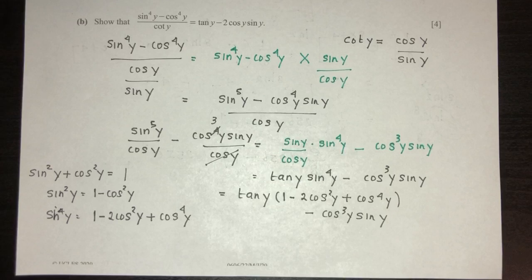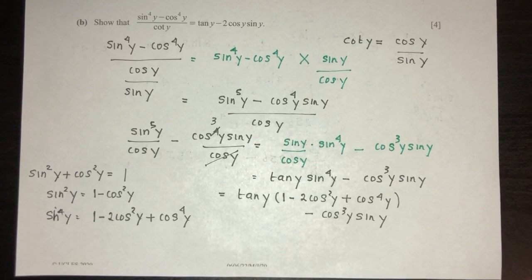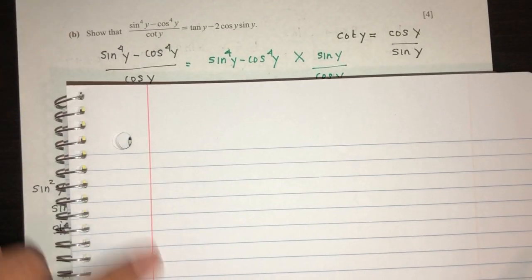Let me use a fresh page so I can see what else we can do. Maybe we can try this trick at the beginning, because in the beginning it was much simpler than this.